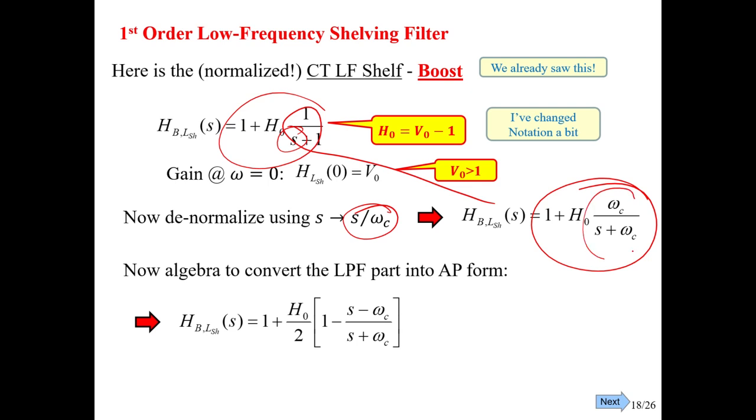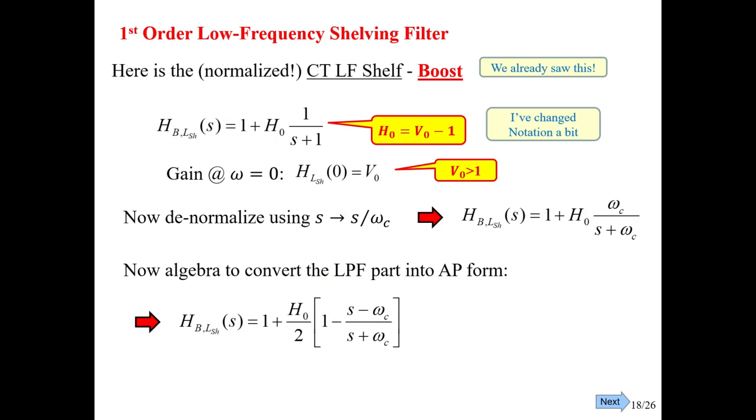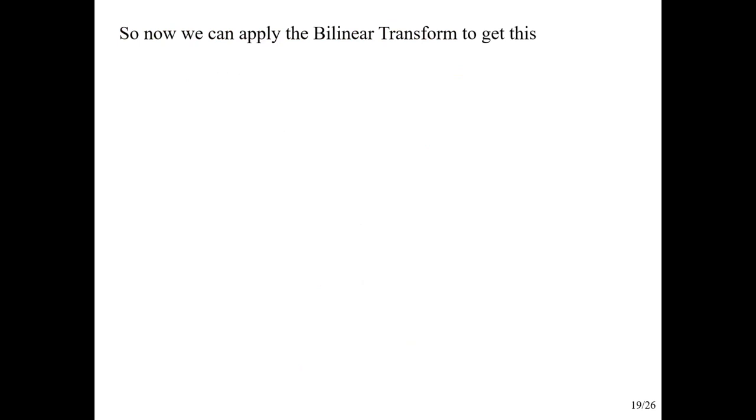We started with a low pass there, remember. So we do a little bit of algebra here, and we're going to convert the low pass part here into something that uses an all pass. So that just comes from what we've already seen, how to build a low pass out of an all pass. So we've got that, but still it's a little clunky, so we should do a little bit of manipulation.